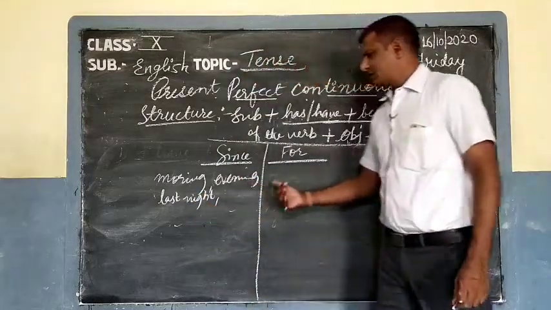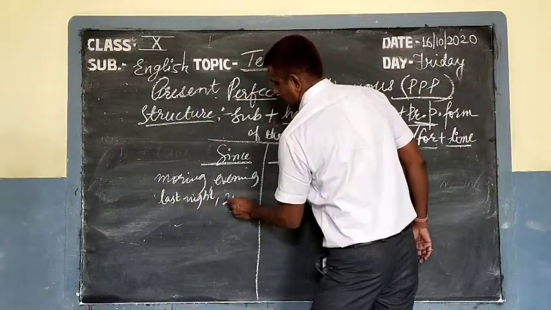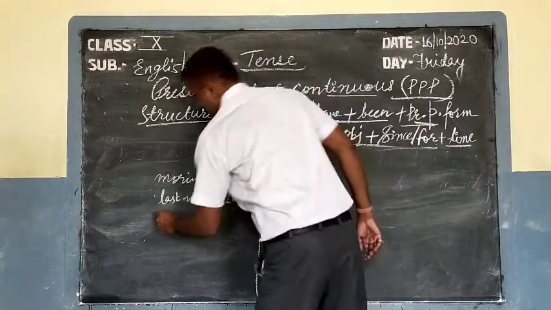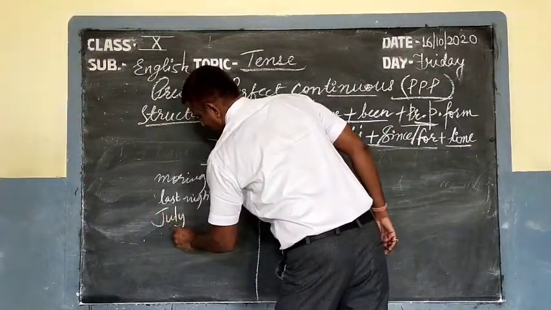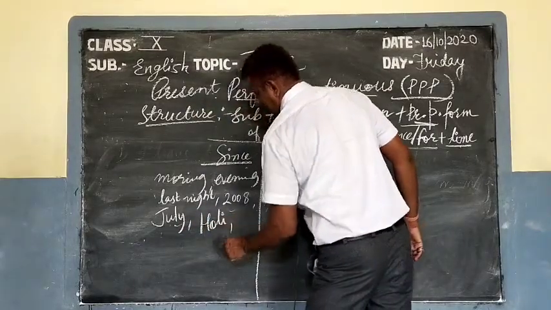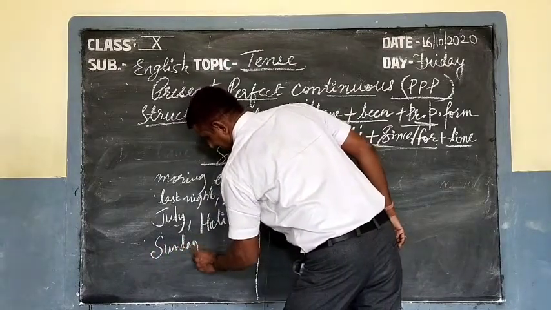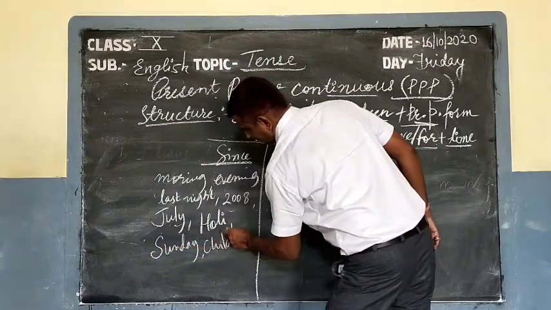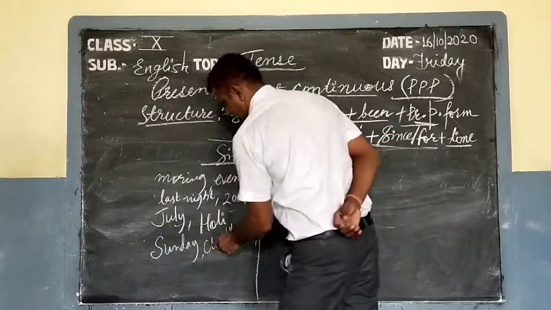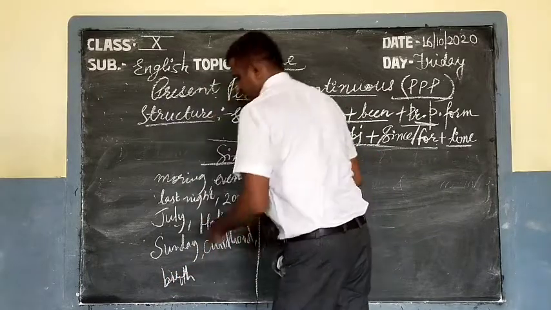These are the words with which we will use since, with the time. Since last night, since 2008. Since any name of a month, July. Since Holi, the name of a festival. Since any day, since Sunday, since childhood, since birth.